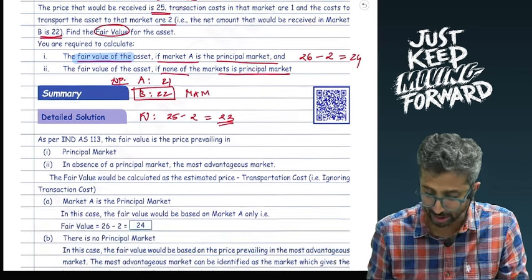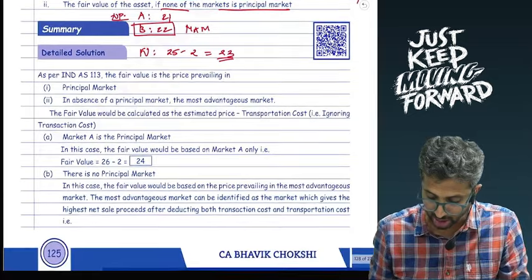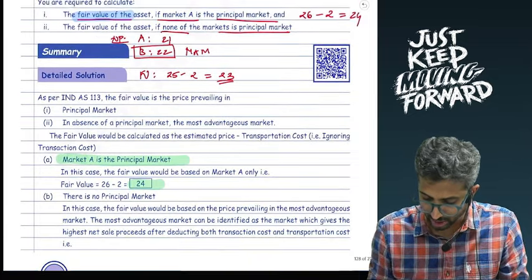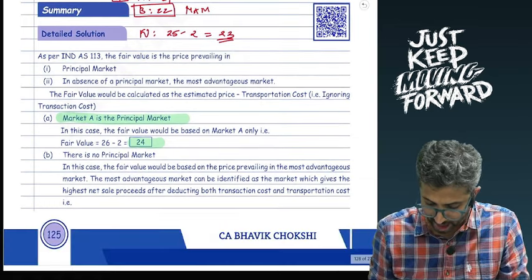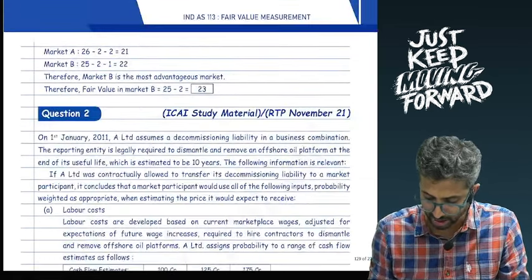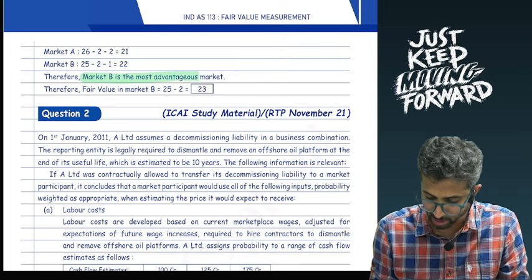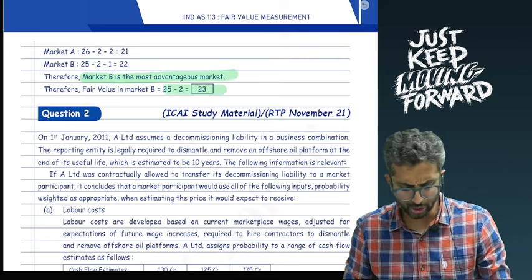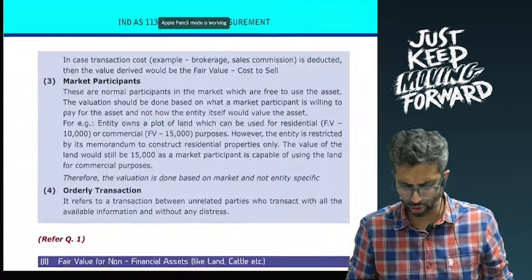So this will give you an understanding of the fair values. 24 as we can see over here, and if there's no principal market, then ultimately you will find B as the most advantageous, and the fair value over here is 23. Okay, so this takes care of the basic discussion over here.